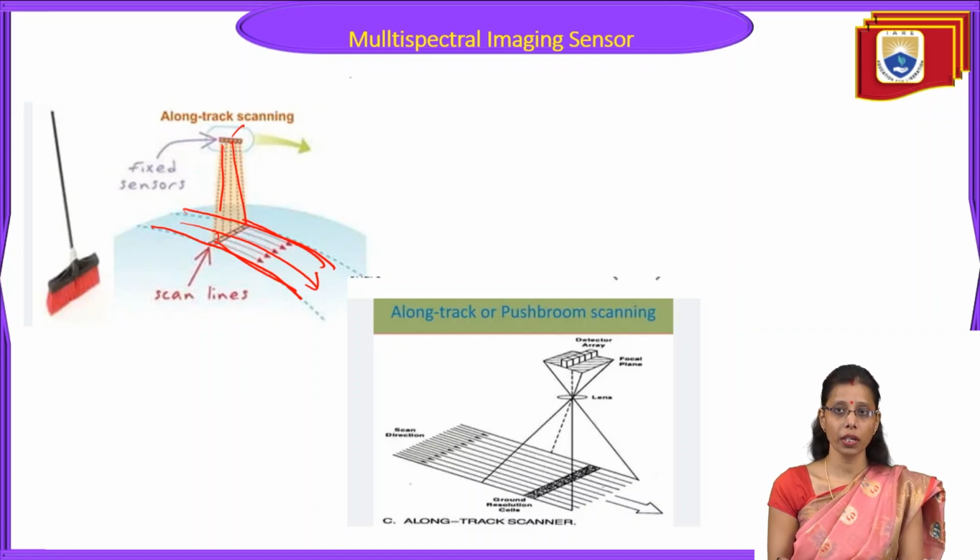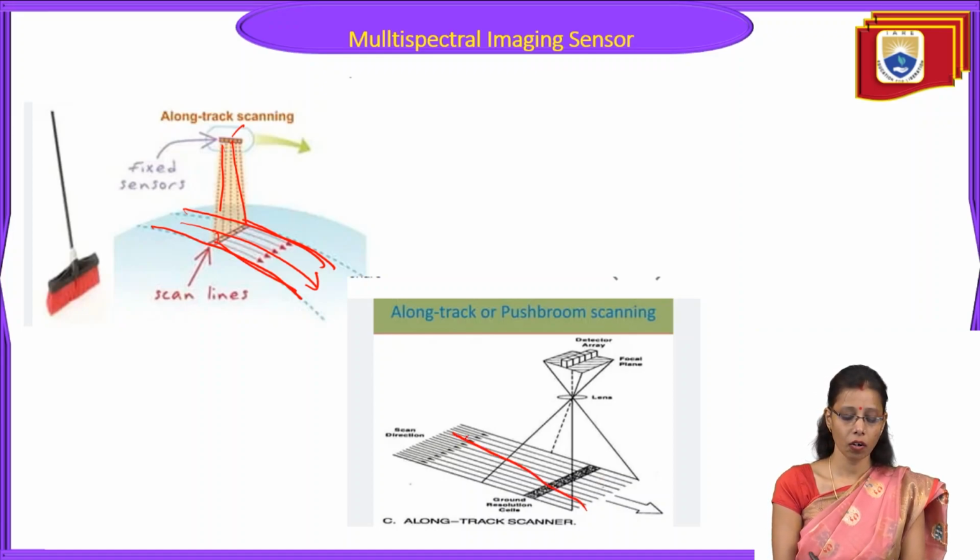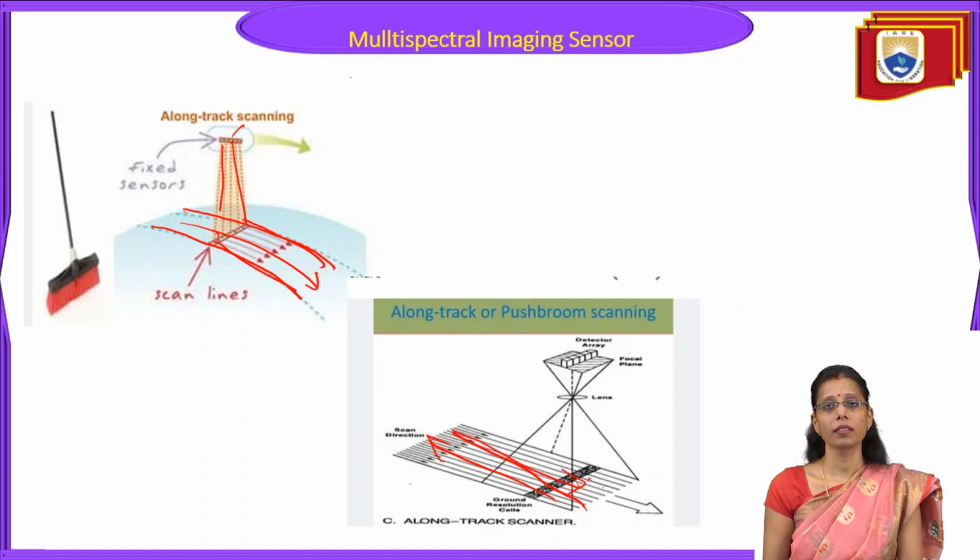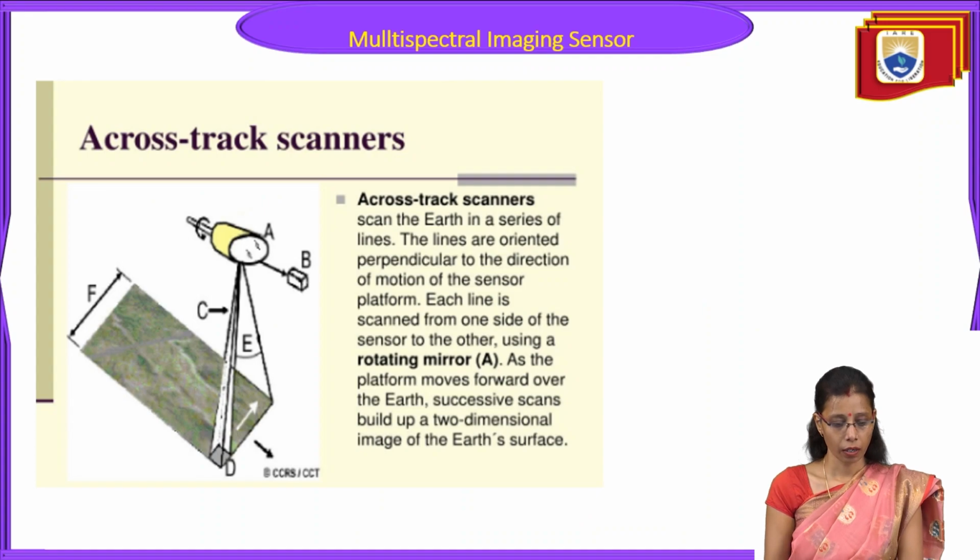That means it is going like a push broom, scanning along the track like this or like this, depending on how the satellite sensor is moving. Now across the track, very clearly we can see, across the track scanners scan the earth in a series of lines.